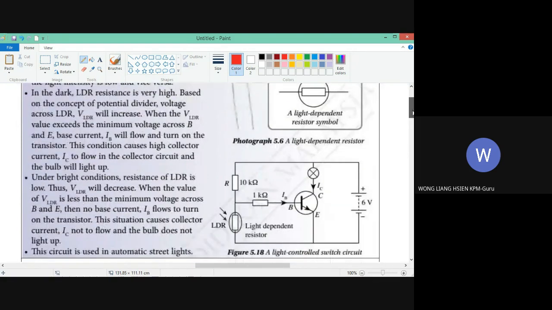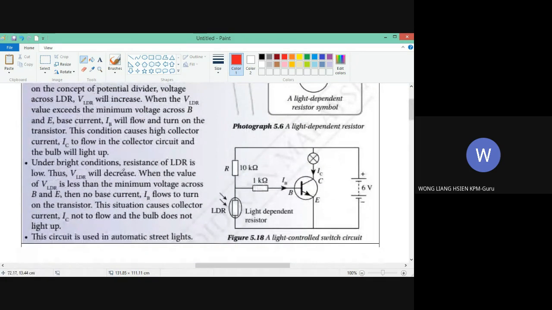Under bright conditions, the resistance of LDR is low, thus the voltage of LDR will decrease. When the voltage of LDR is less than the voltage of the base transistor, no base current flows to turn on the transistor. This situation causes collector current not to flow and the bulb does not light up. So the circuit is an automatic switch.